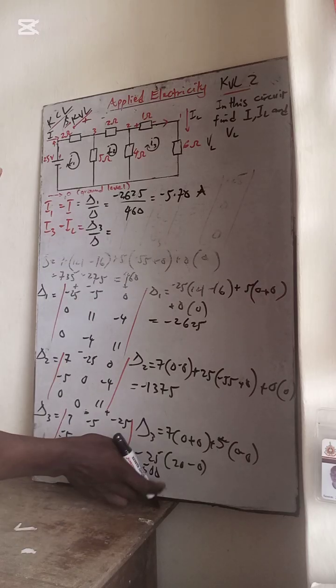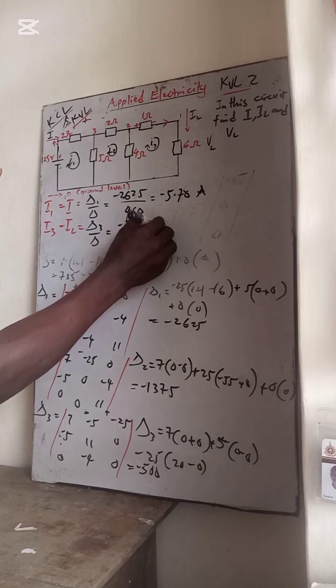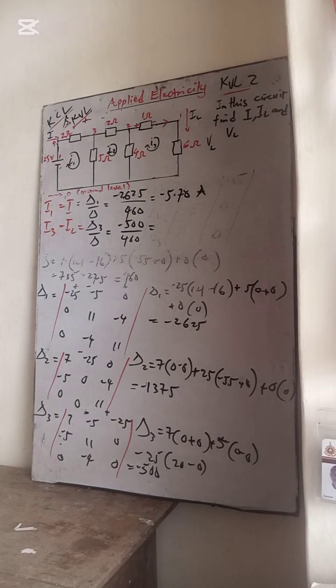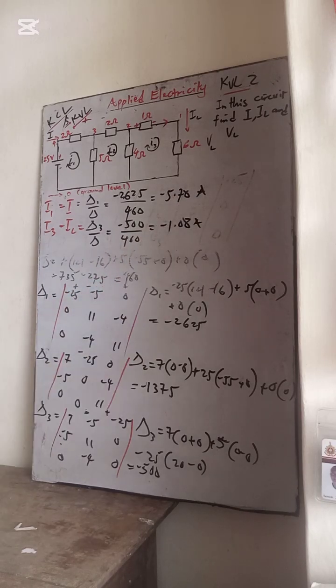What's delta 3? Minus 500 over 460. So 500 divided by 460 will give us 1.08. That will be minus 1.08 ampere.